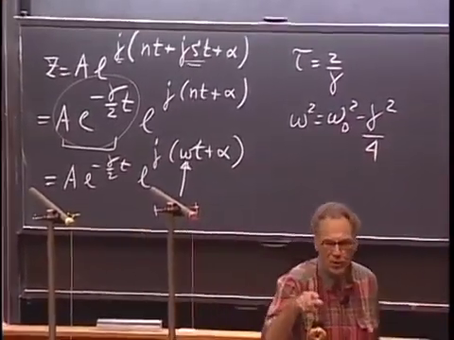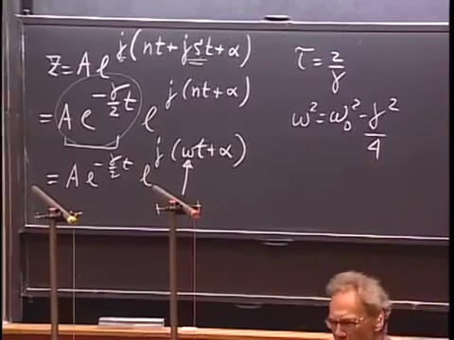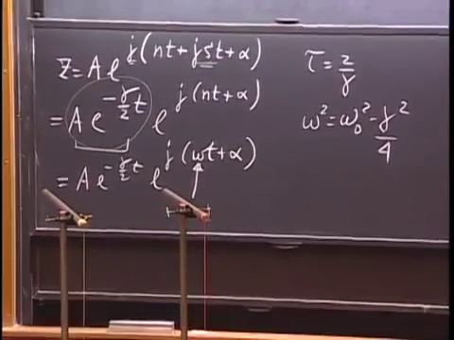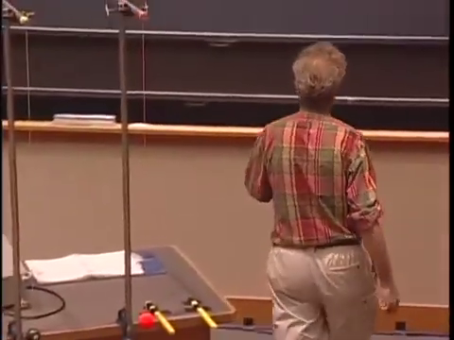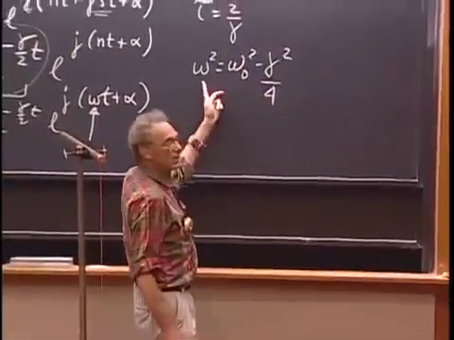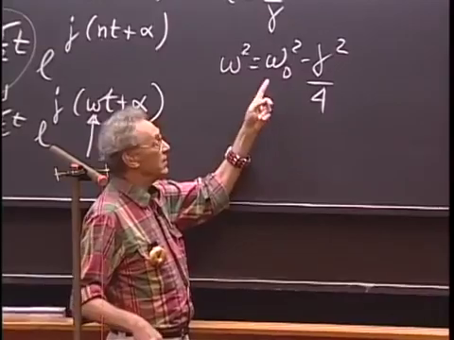So those of you in the audience who intuitively sense that the frequency would go down because of the friction, they were right. See, omega is lower than omega 0. Now, of course, if gamma is very low, the two could be close together. Depends on gamma, that's obvious. If you have a lot of friction, then omega will be a lot less than omega 0.